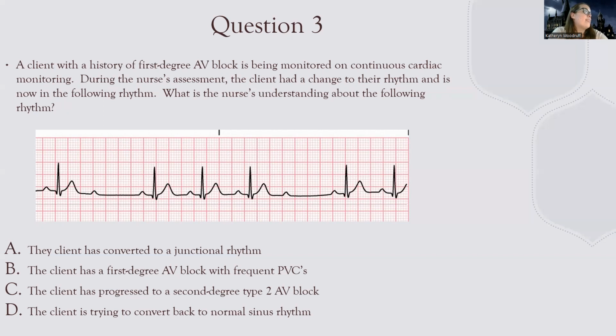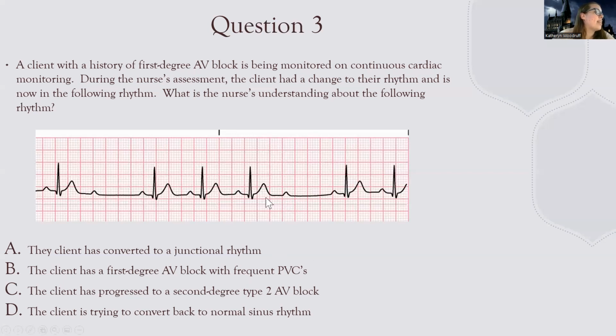To differentiate whether it's a second degree type 1 or type 2, I'm going to look at my PR interval, which is the interval from the beginning of the P wave to the QRS. If it's the same all the way through and not getting longer, then I have a second degree type 2. If it's getting longer and dropping, then what I have is a second degree type 1, which is that winky box.